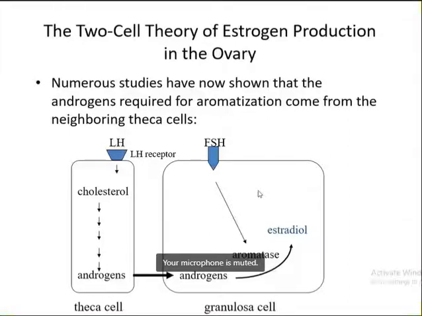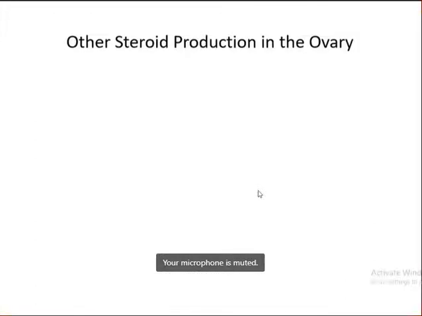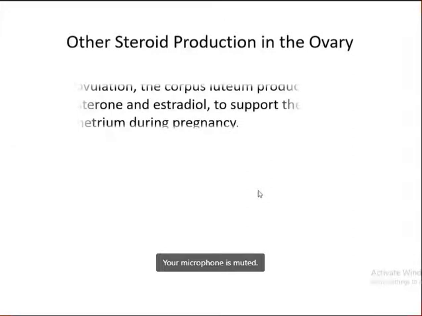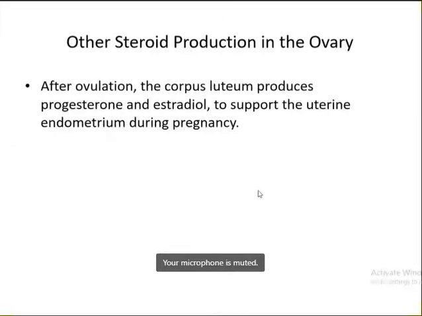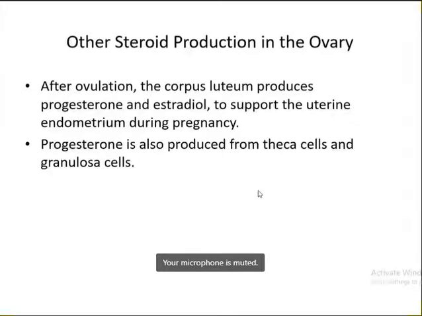Then other steroid production in the ovary. Now let us see what other steroids are produced there. After ovulation, the corpus luteum produces progesterone and estradiol to support the uterine endometrium during pregnancy. Progesterone is also produced from the theca cells and granulosa cells.